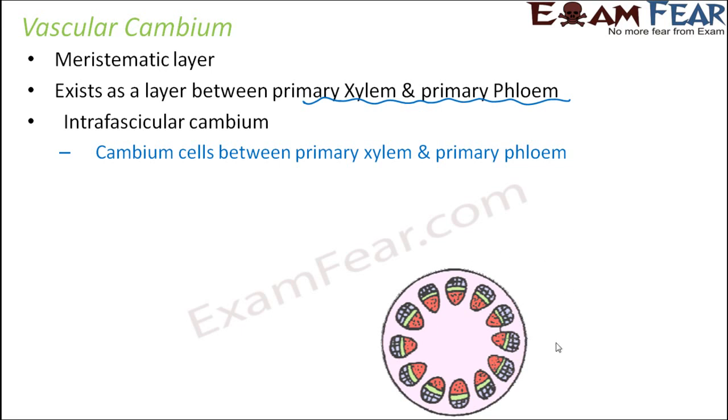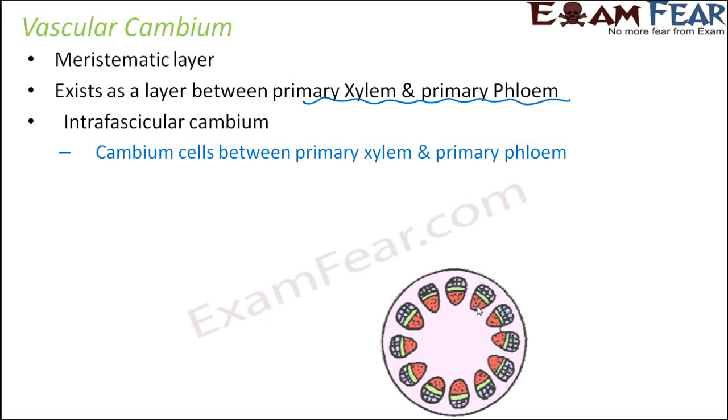Right? Now this is the cross section of a dicot stem. So in a dicot stem, this is how the vascular bundles are arranged. Do you remember I said in a dicot stem the vascular bundles are arranged in a ring pattern. So this is how it is.